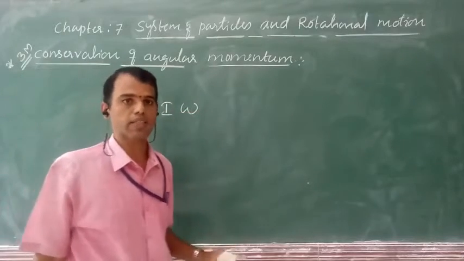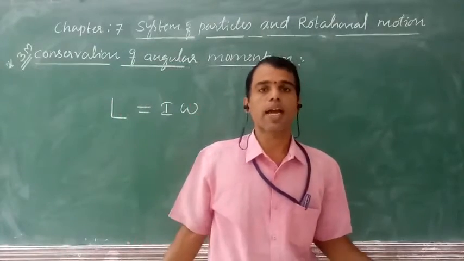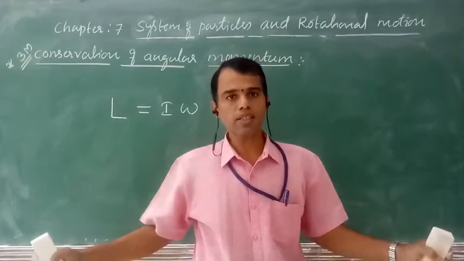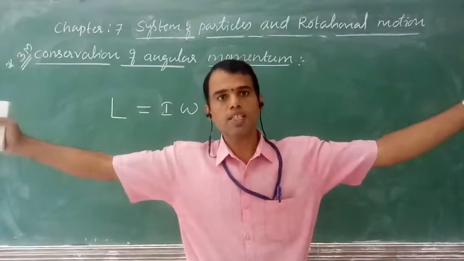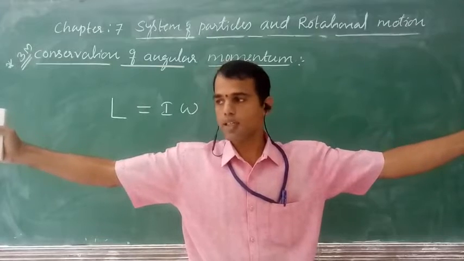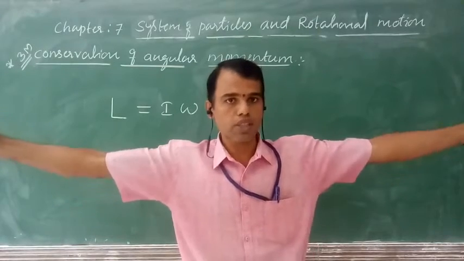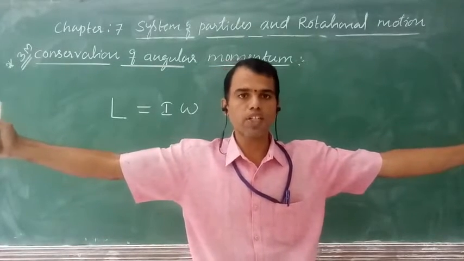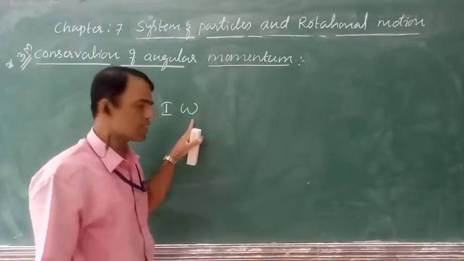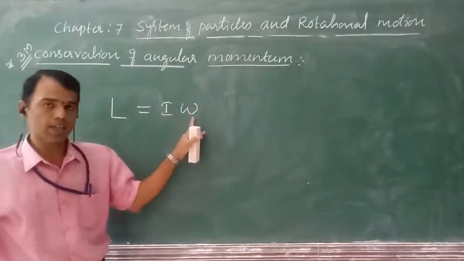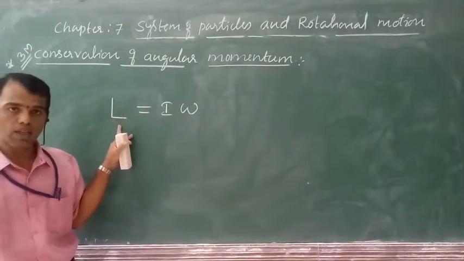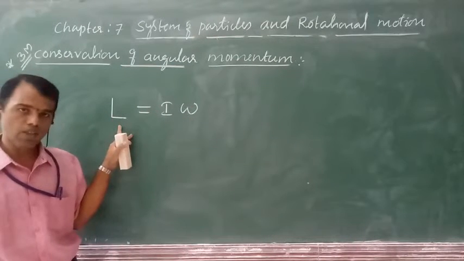So in both cases, the angular momentum remains constant. Initially, with both hands outstretched, the moment of inertia is very large and the angular velocity is less, so their product remains constant. Therefore, the angular momentum remains constant.